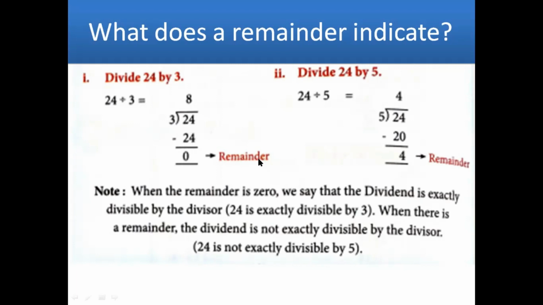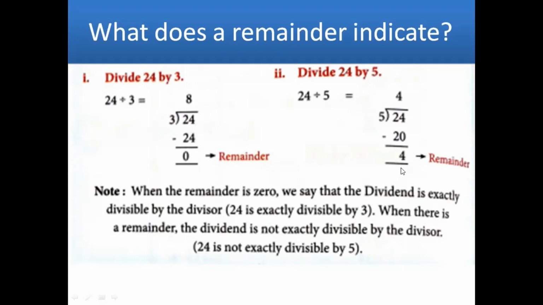Remainder 0. 8 is the quotient. Note: when the remainder is 0, we say that the dividend is exactly divisible by the divisor. So 24 is divisible by 3.